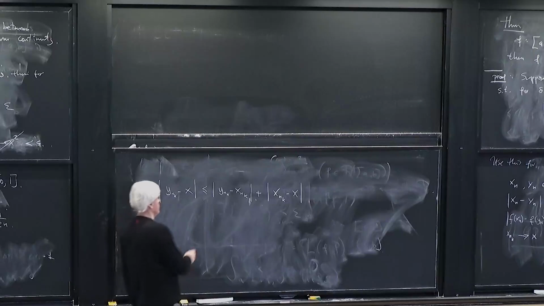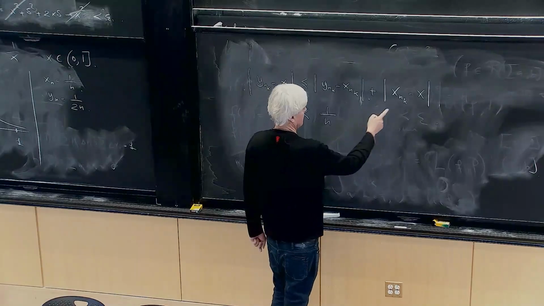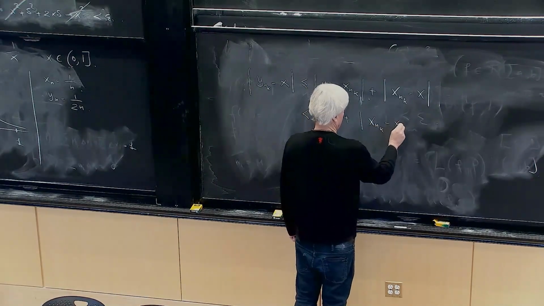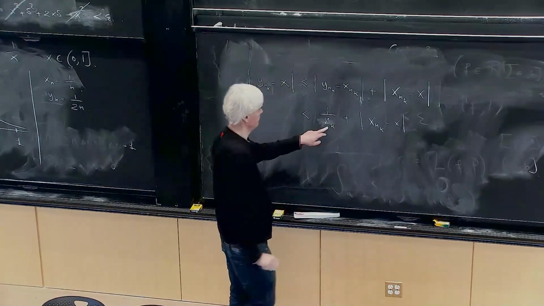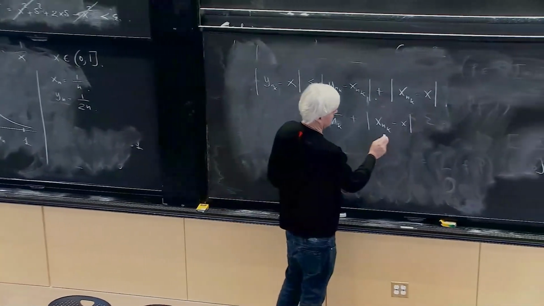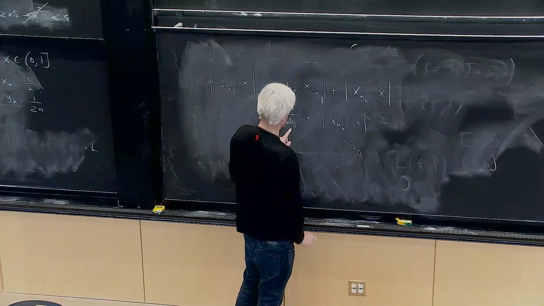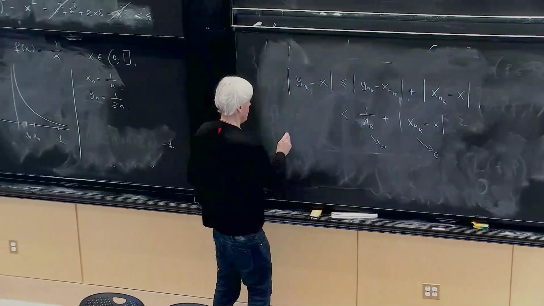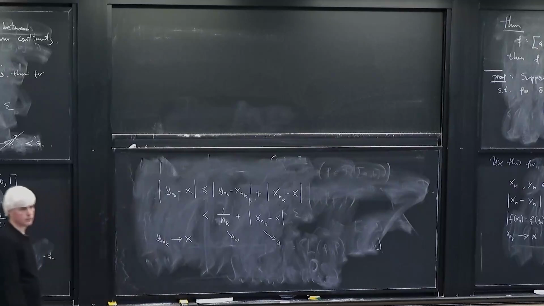We have that this first term was less than 1 over n, sorry, 1 over n_k, and this subsequence goes to x, so this goes to 0 and this goes to 0. So this means that y_{n_k} also converges to x.